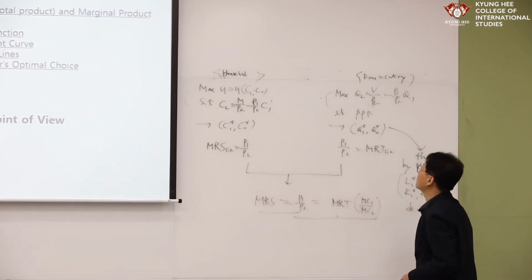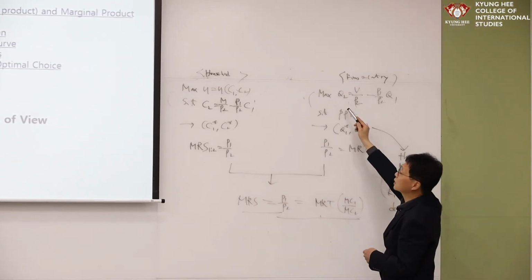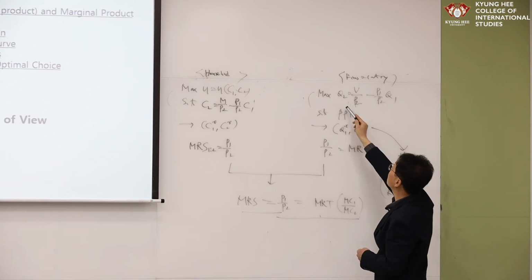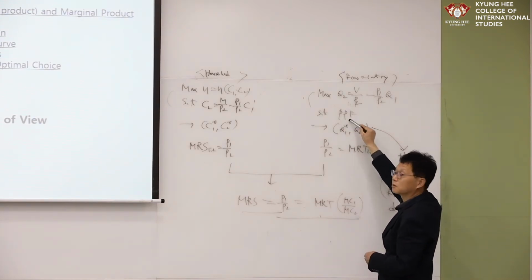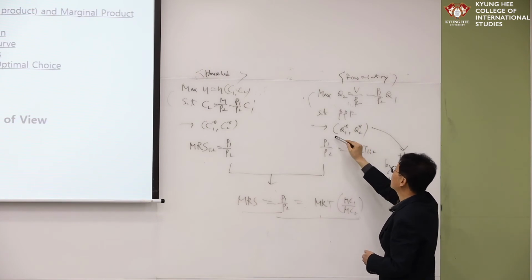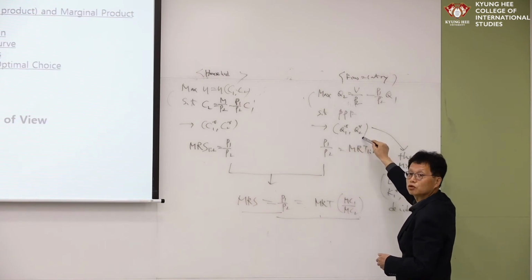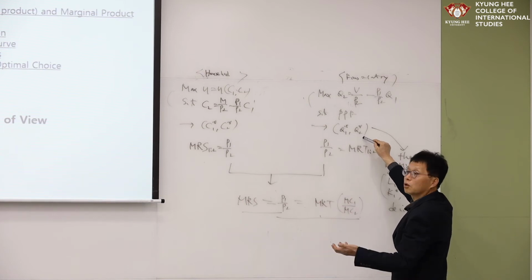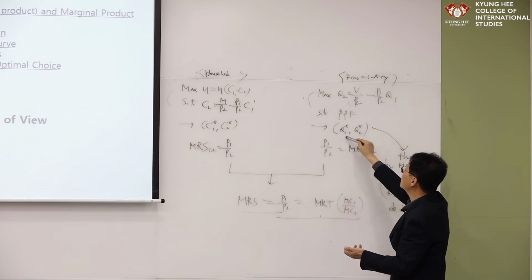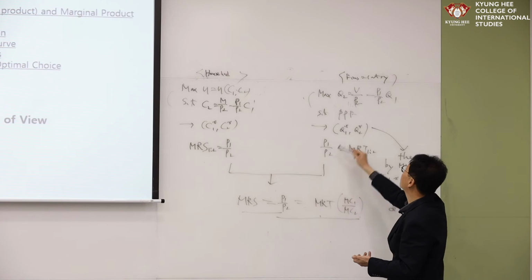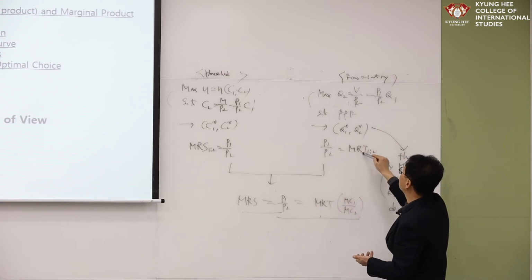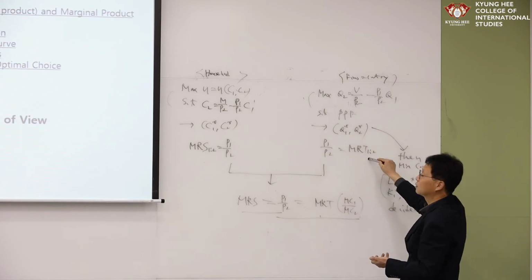And in section 3, we solve the value maximization problem subject to the production possibility frontier to find the optimal production bundles of two goods, Q1 star and Q2 star, or the optimal supply of two goods. The condition for this is that P1 over P2, the slope of the isovalue line, equals the slope of the PPF, MRT.